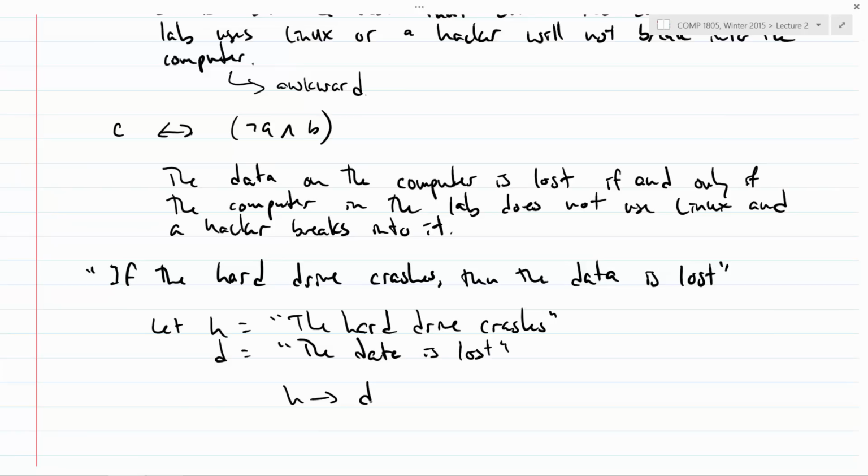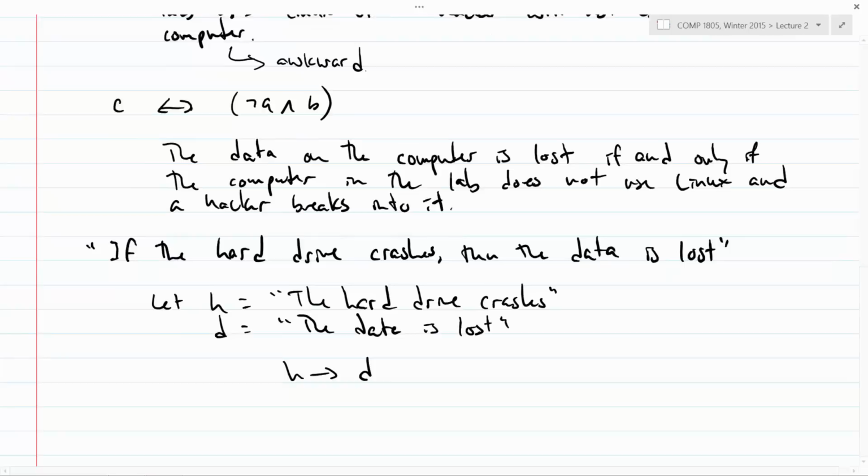That doesn't mean it's useful. You have to say precisely what you mean, right? That's the trade-off you get for going to logic. Logic is very precise, it has very clear rules, but you have to say exactly what you mean. Okay? So when I ask you to do a translation, you always need to say what those variables are.